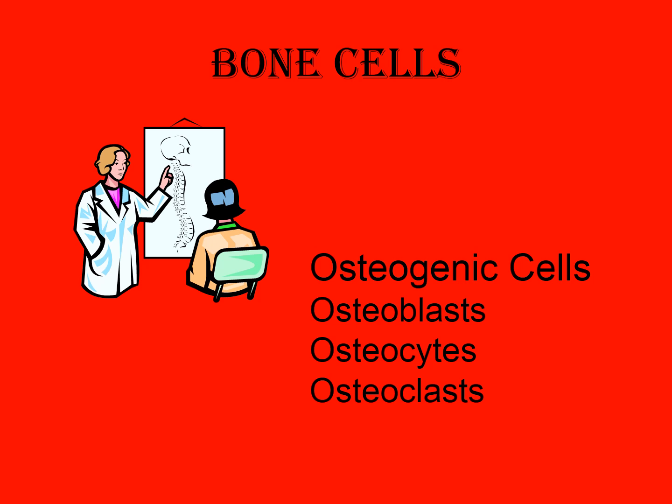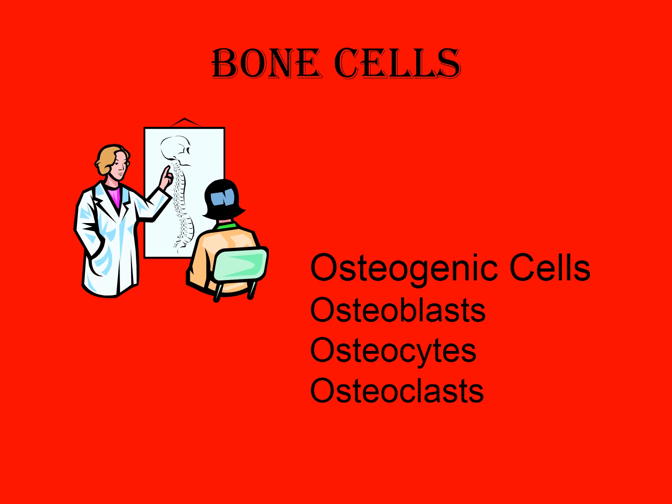For bone formation, you have osteogenic cells, osteoblasts, osteocytes, and osteoclasts. The osteogenic cells are the ones that undergo cell division. Osteocytes are the bone cells, and osteoclasts are the breakdown.